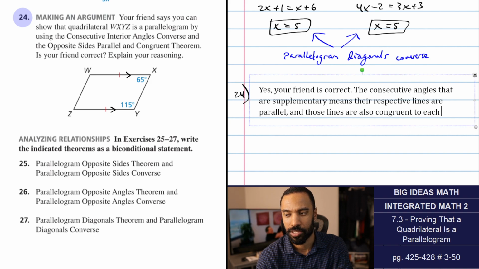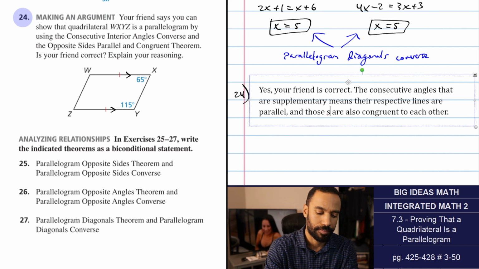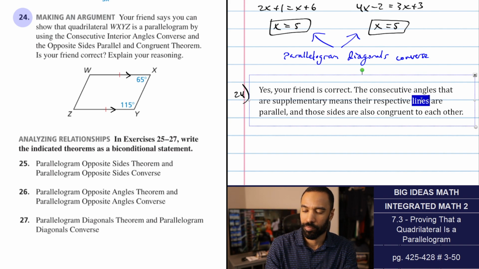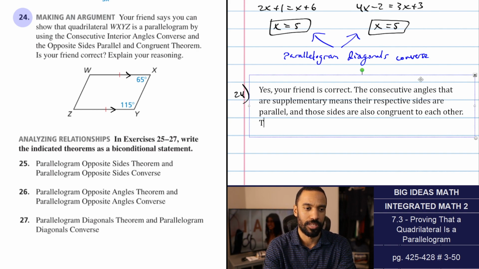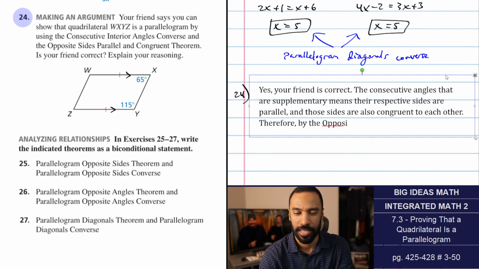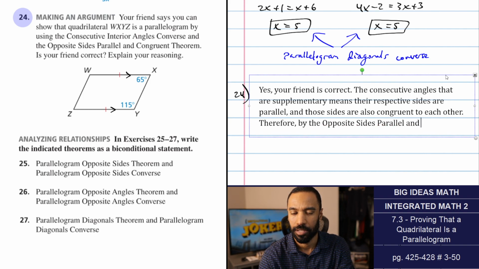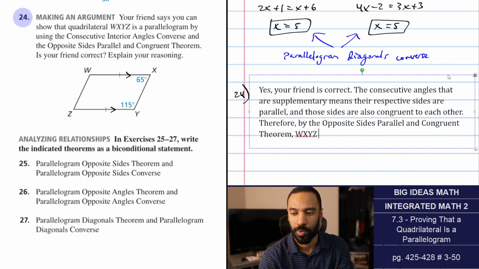I shouldn't say lines, I should say sides, but that's okay. Therefore, by the opposite sides parallel and congruent theorem, WXYZ is a parallelogram.